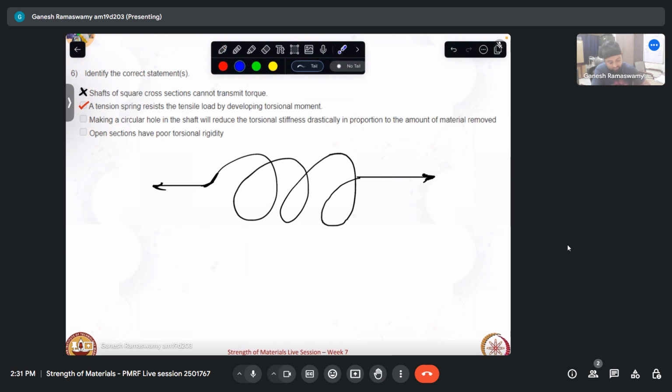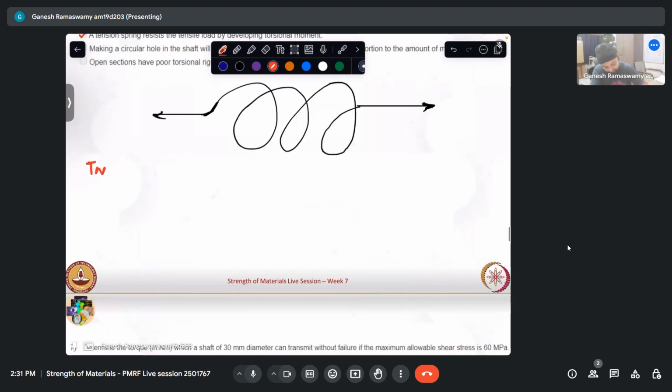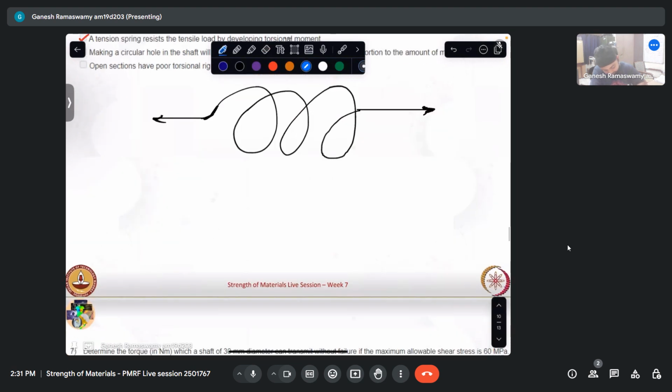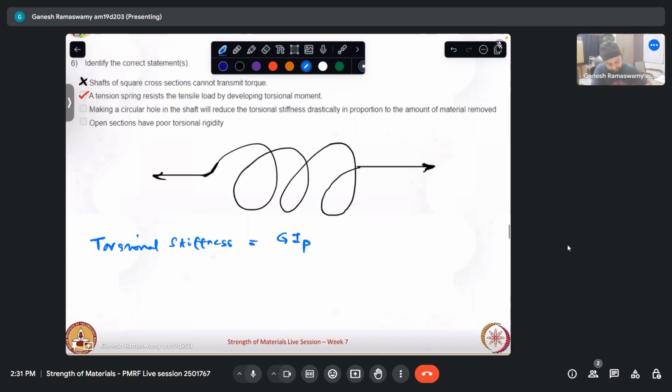So we know the torsional stiffness is GIP. As the viewers will see in the coming week, this is the torsional stiffness.